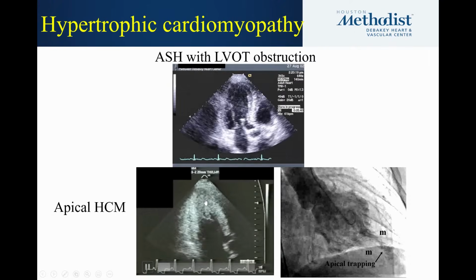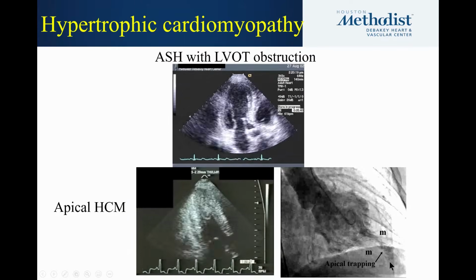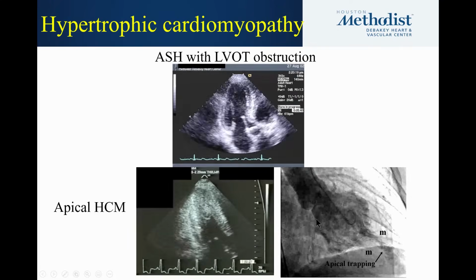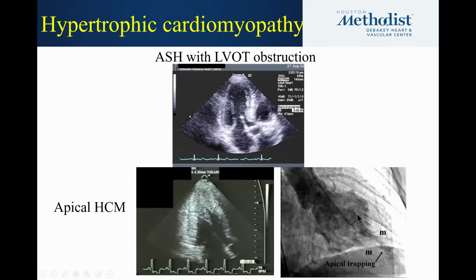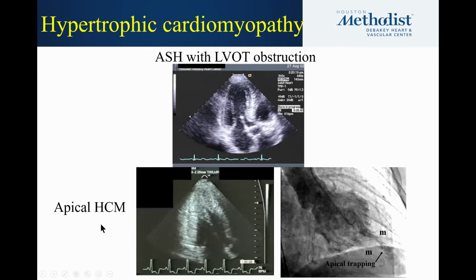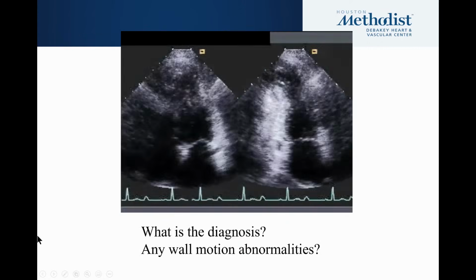And you have this basically cavity obliteration towards the apex, and often you have this trapping of blood in the cavity of the apex, and this is a typical LV angiogram that has this ace of spade sort of shape that has been used when describing the condition.